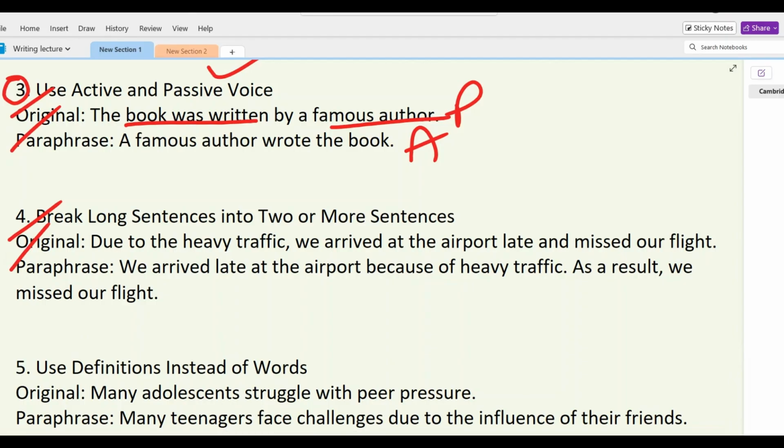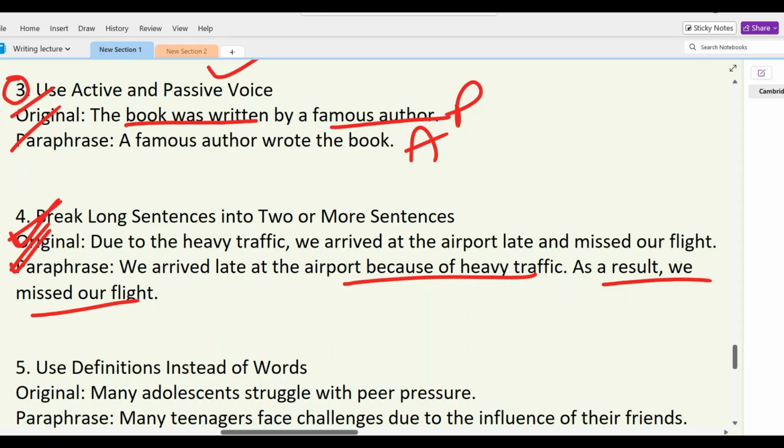As a result, we missed our flight. So in this case, we can see just a single sentence, but in the paraphrased one, two sentences. This is the first sentence and this is the other sentence. It can go vice versa as well. You can take two or three sentences and make them a single complex sentence.